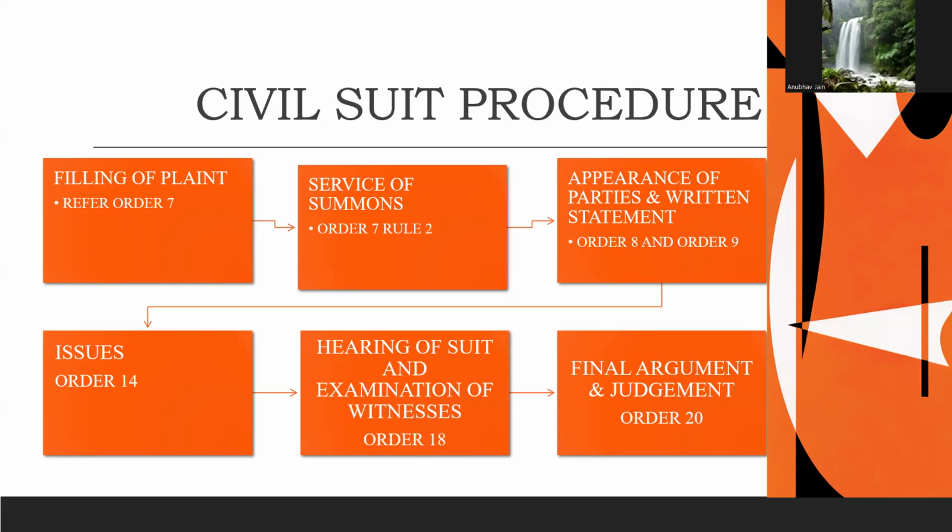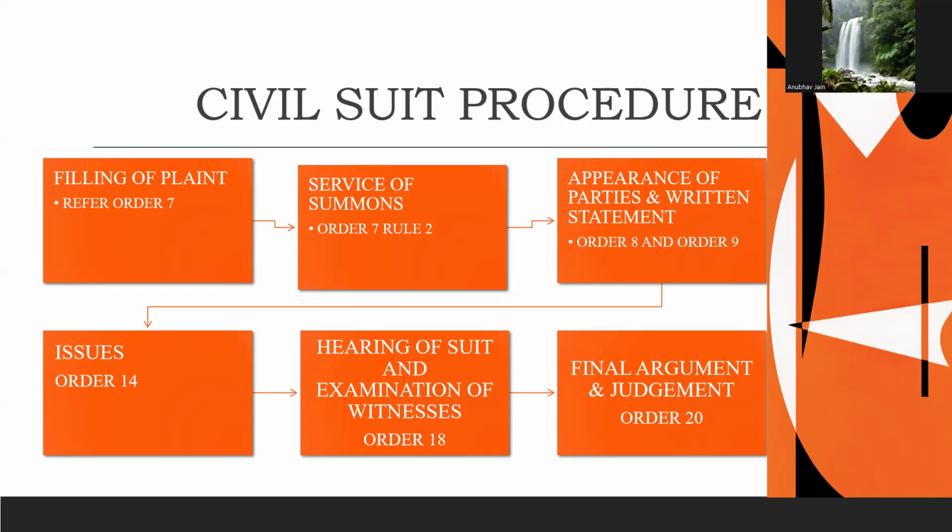Now, what I need to tell you is about interim applications. It always takes time for the final adjudication of the suit. So suppose you want a temporary injunction, you can file it through an interim application. Or suppose your case is barred by limitation, so you need to file an interim application for condonation of delay.